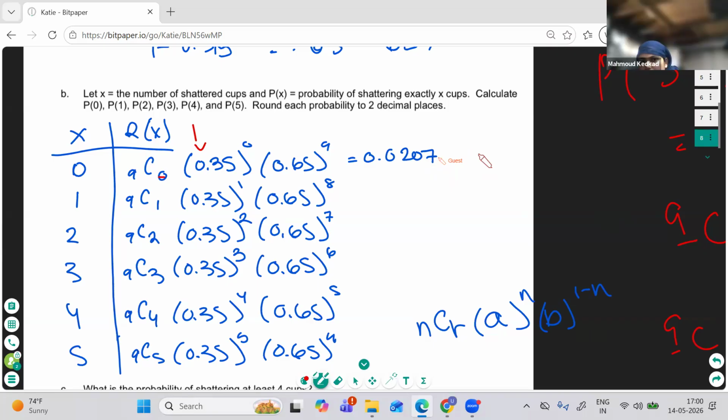So up to 2 decimal places would be just 0.02. This is the combination of this.